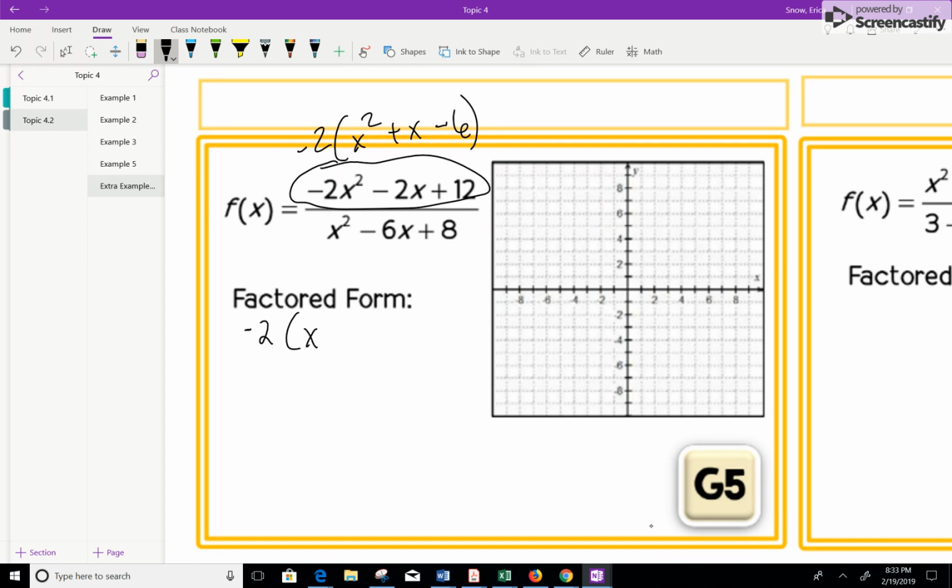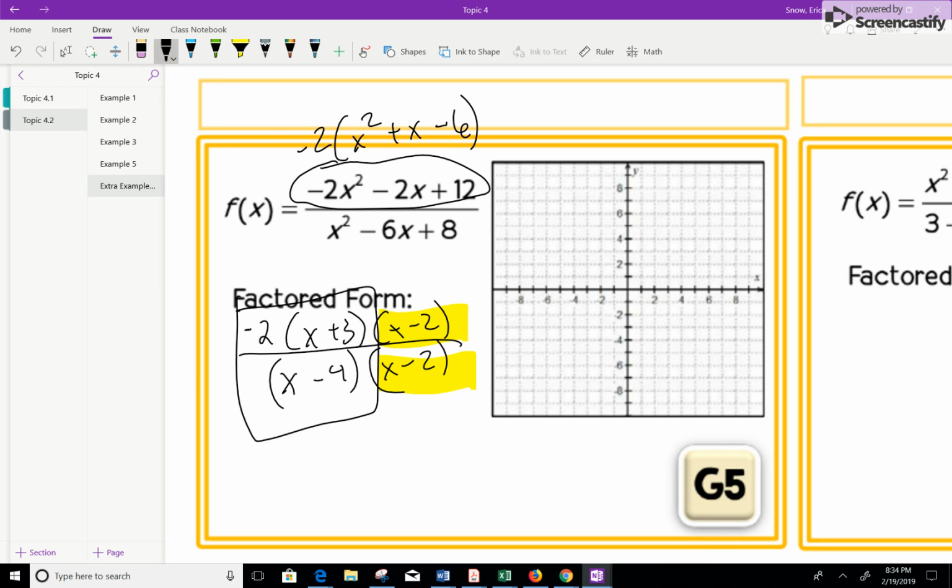So then I get x plus 3, x minus 2 over x minus 4, x minus 2. We have that hole at x equals 2. And then this is our factored form.